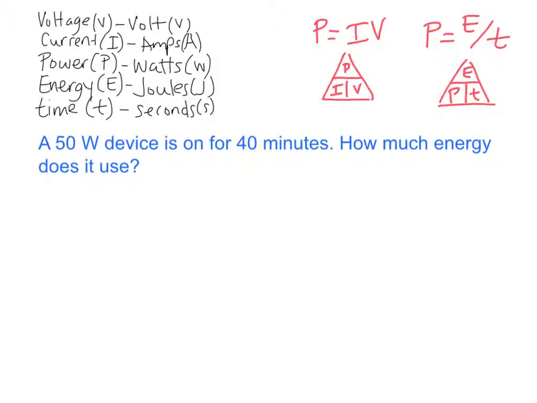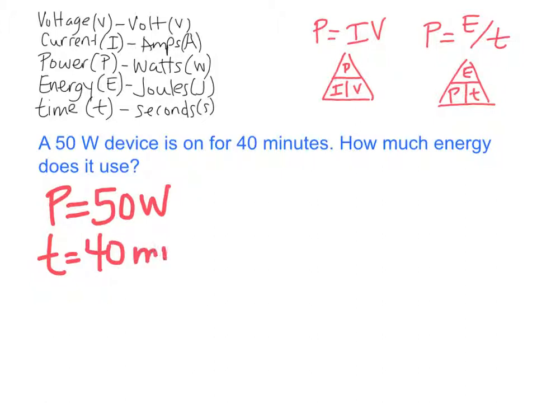So first off, let's list what we know and what we don't know. Our first known is a 50-watt device. So 50 watts, that is power. They've given us time, and they want us to figure out energy. But they have given us time in minutes.